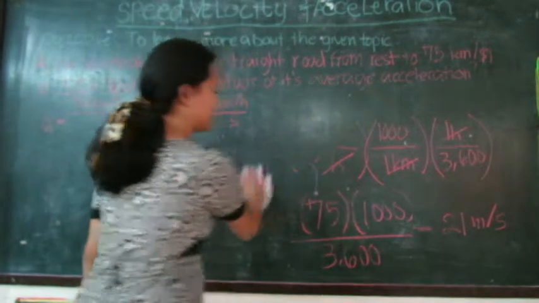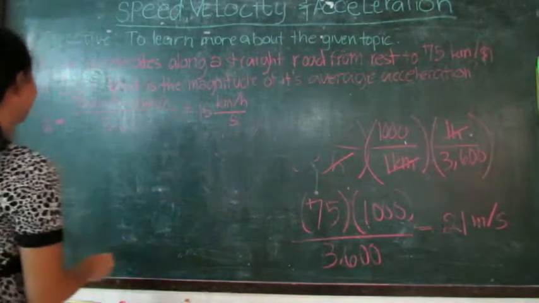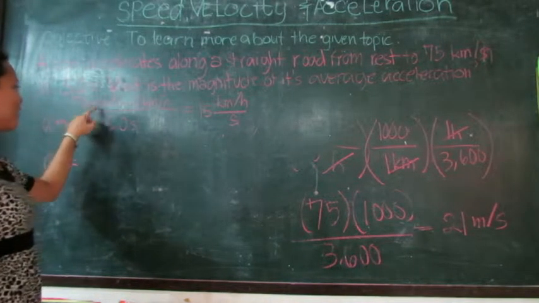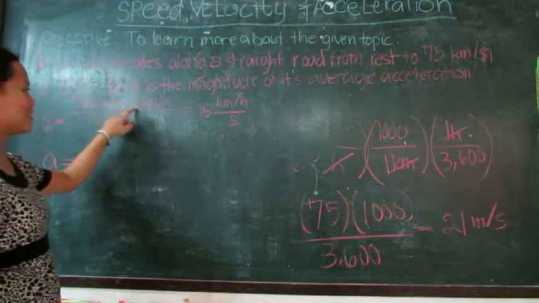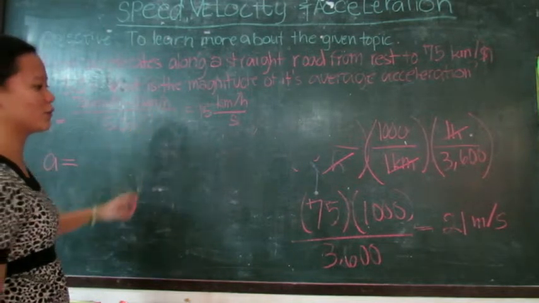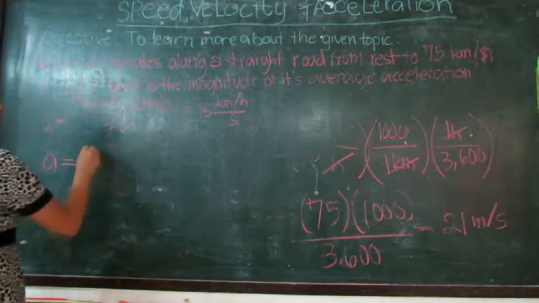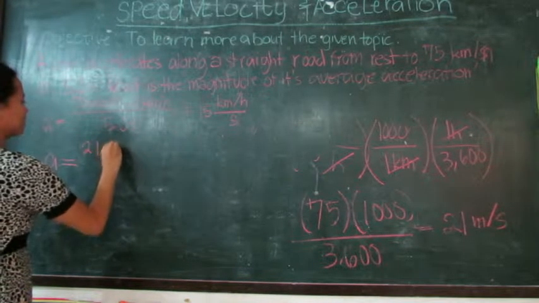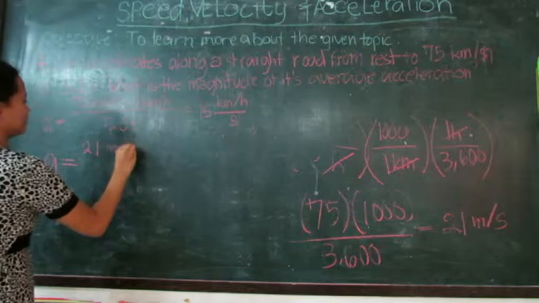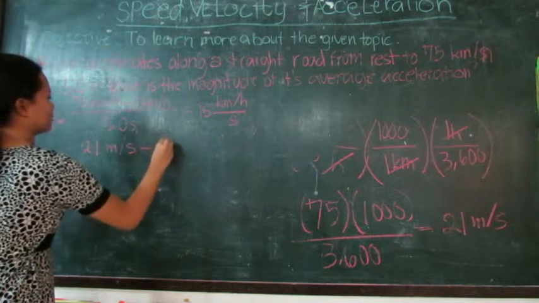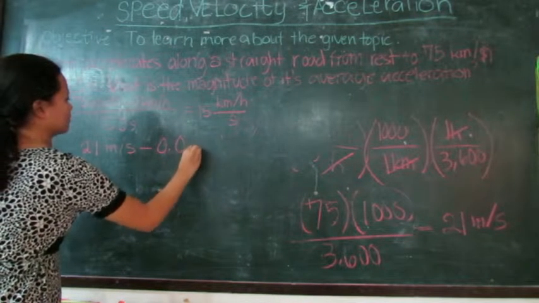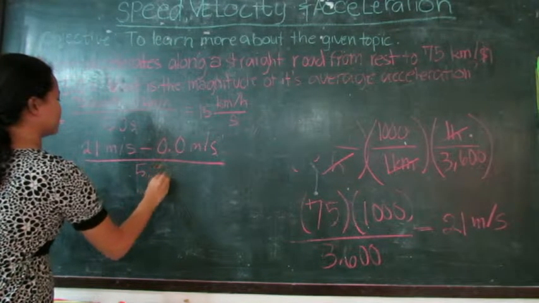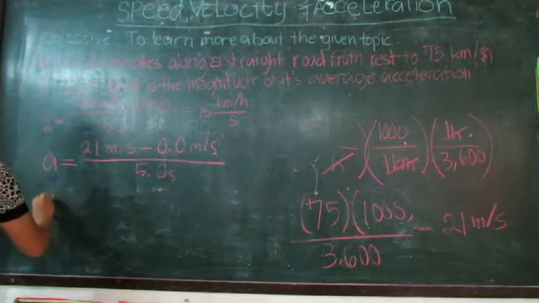The next thing we do is to replace 75 kilometers per hour and 0 kilometers per hour into 21 meters per second and 0.0 meters per second, all over 5.0 seconds.